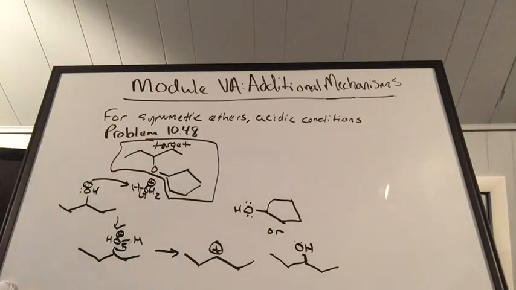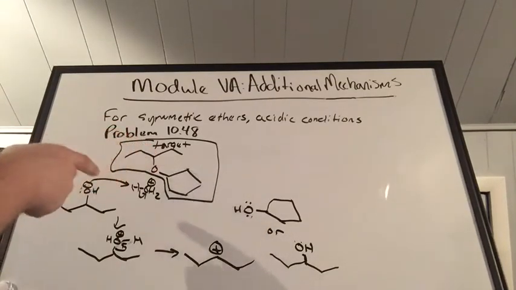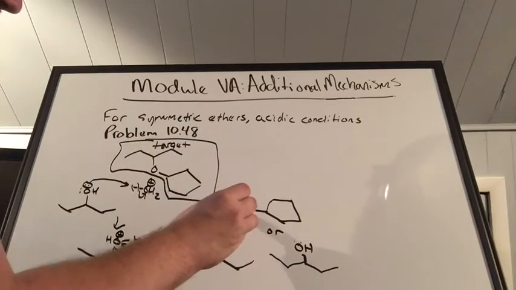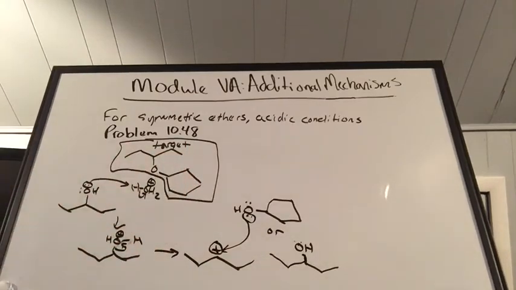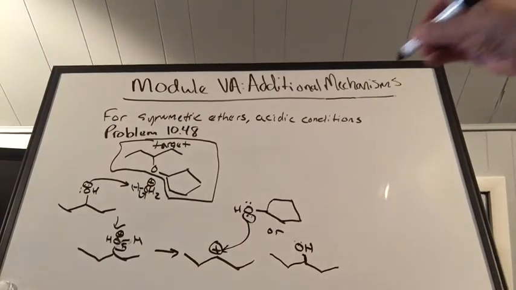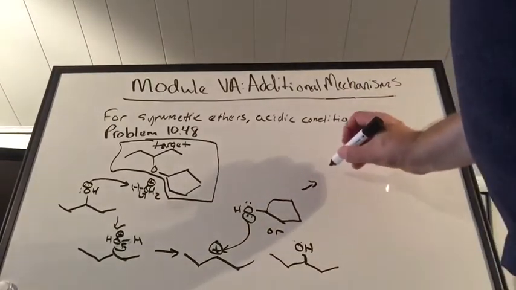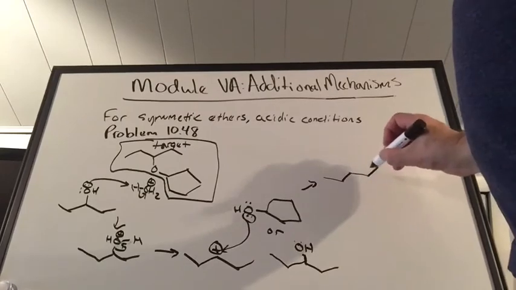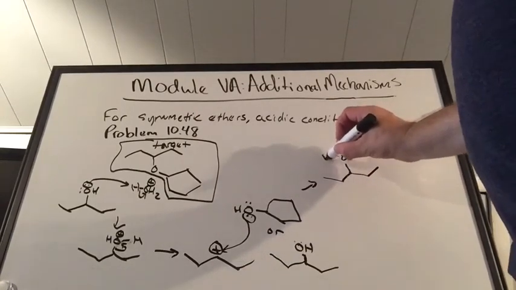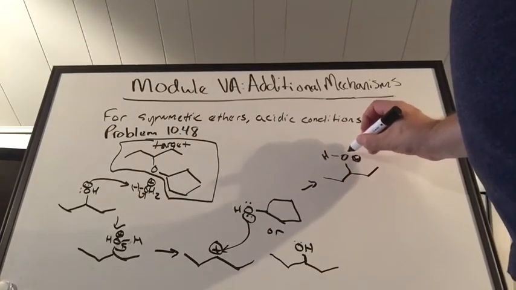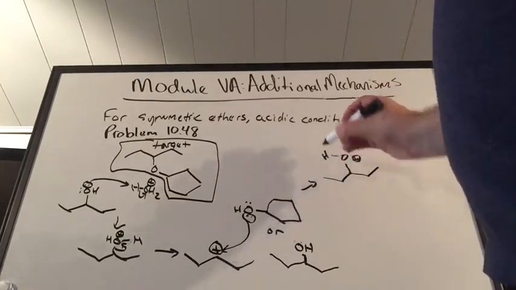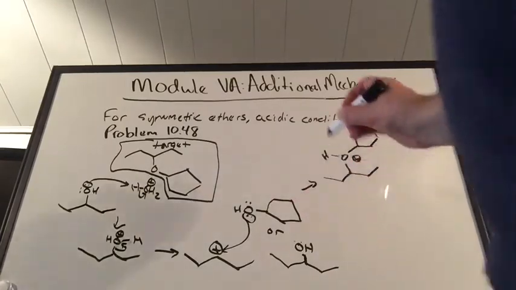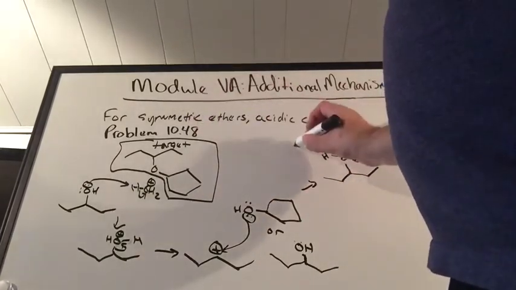But let's just illustrate the mechanism in which we get this particular product, our target. It's going to react with the secondary carbocation. And then remember, you're just going to be following a positively charged species throughout. Then something's going to behave as a base, one of these alcohols or water itself.